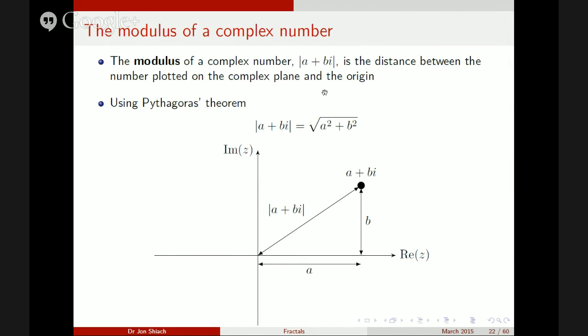It's simply the distance between the number, when plotted on the complex plane, and the origin of the complex plane. And we can calculate this using Pythagoras. So if this point here is my complex number, with real part a and imaginary part b, the distance between the origin and our number is simply the square root of a squared plus b squared.